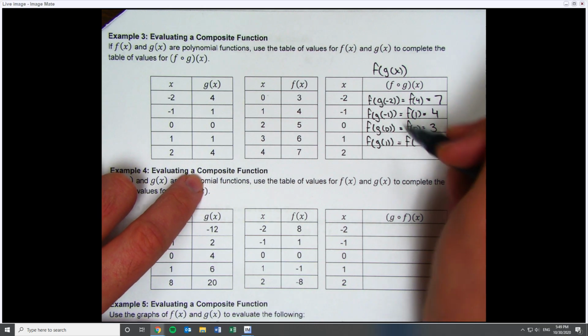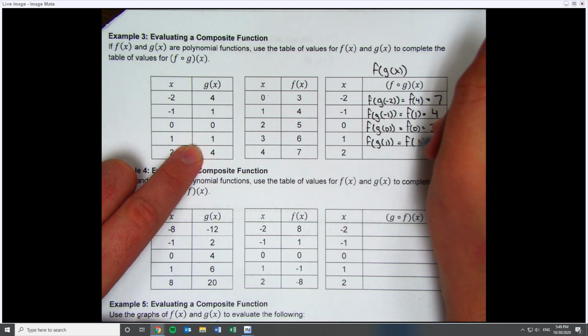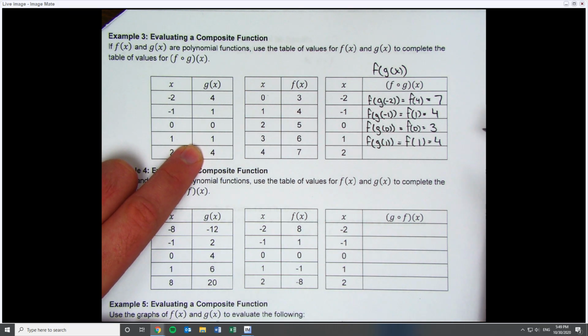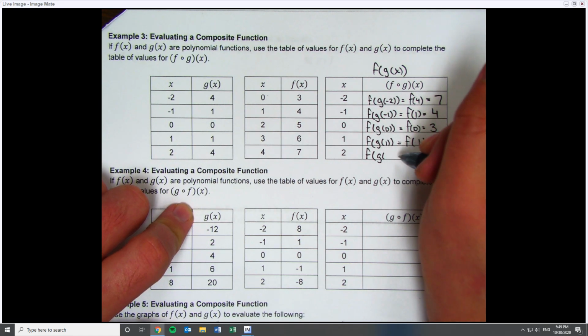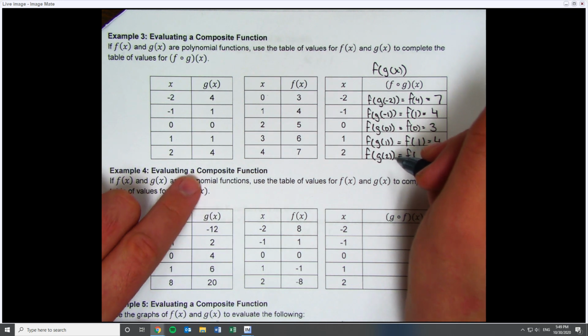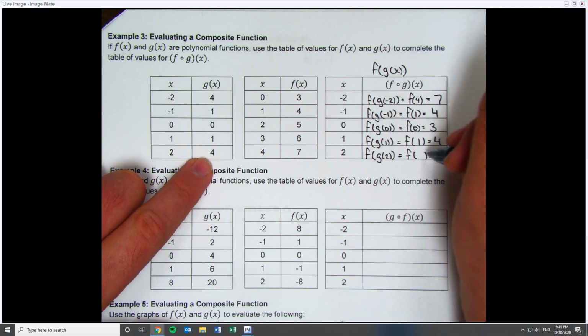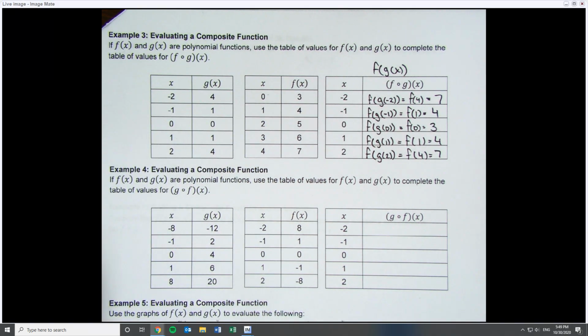So looking for g of 1, right here goes to 1, 1 goes to 4. Got it. And now f of g of 2, starting with g at 2, that goes to 4, and then 4 goes to 7. Got it. We have every single thing that we need.